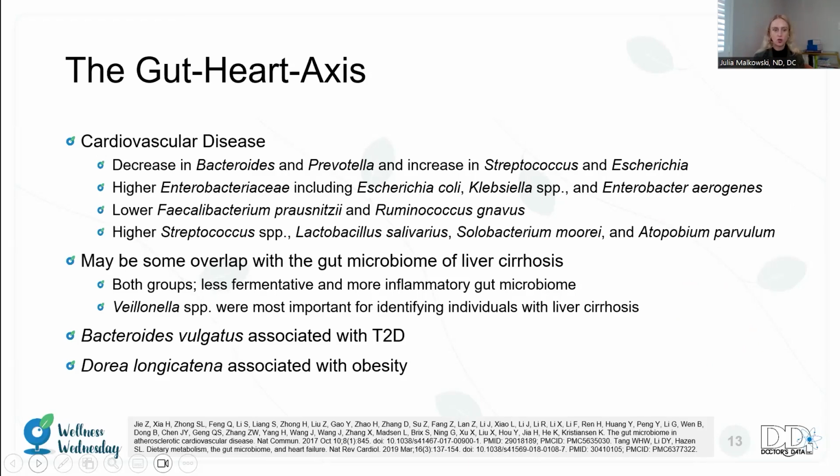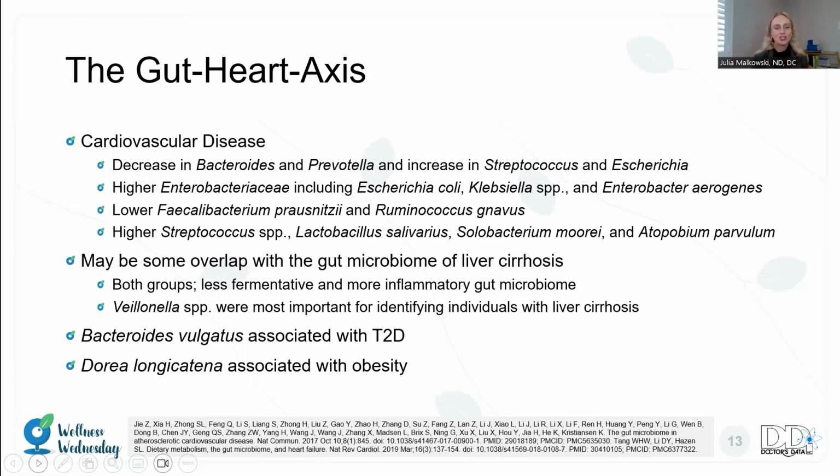Additional studies show us that in individuals with cardiovascular disease, there is a specific microbiome signature. These individuals have been noted to have decreased abundance of Bacteroides and Prevotella, an increase in Streptococcus and Escherichia. Escherichia species is more inflammatory and more associated with standard American diet.